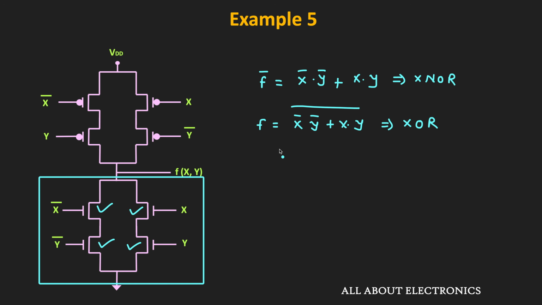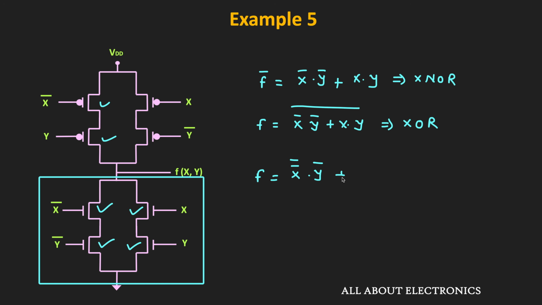And we can get the same expression even from this PMOS network. So for the PMOS network, this output F will get connected to the VDD whenever both X bar and Y are 0 at the same time. That means this F is equal to 1 whenever this X bar is equal to 0, or this X is equal to 1 and this Y is equal to 0, or in other words, this Y bar is equal to 1.